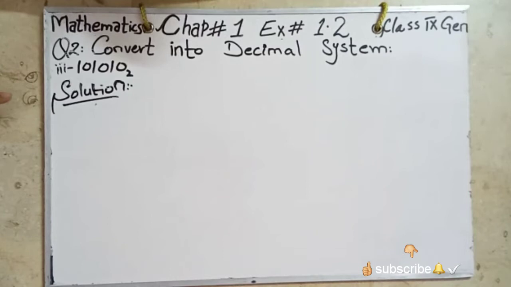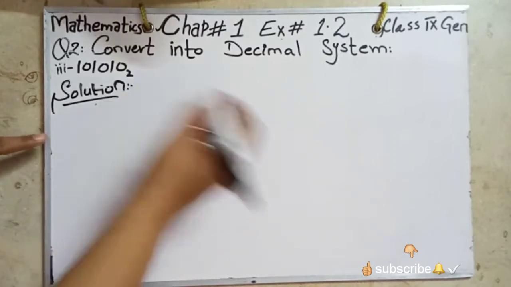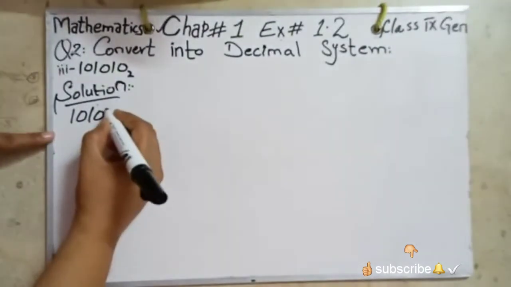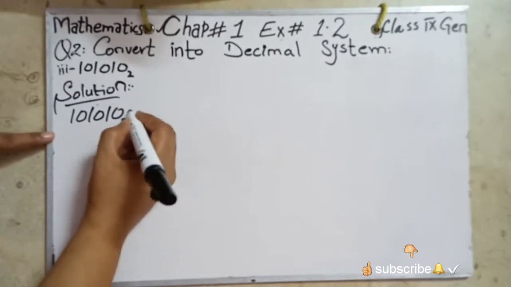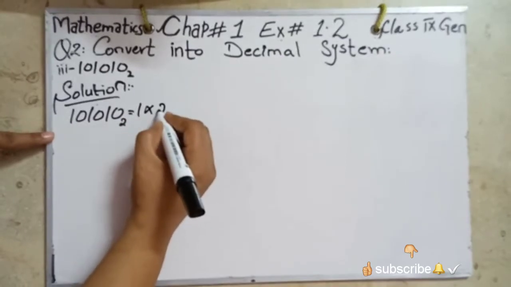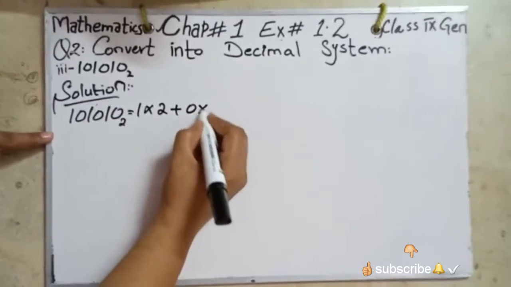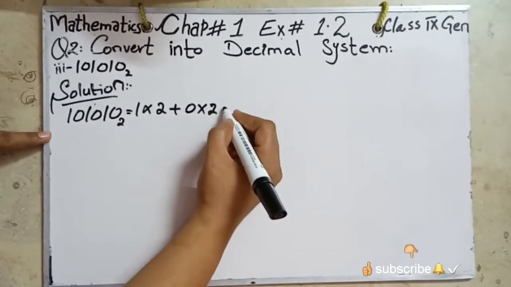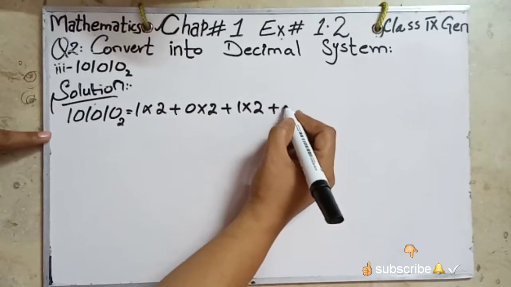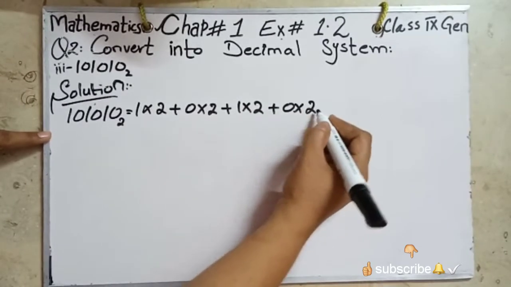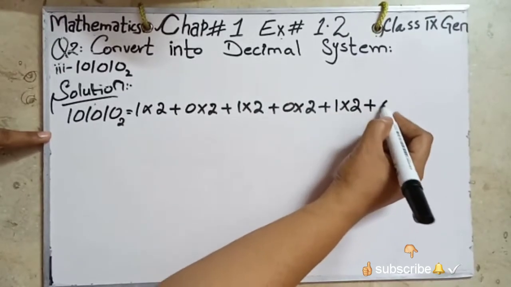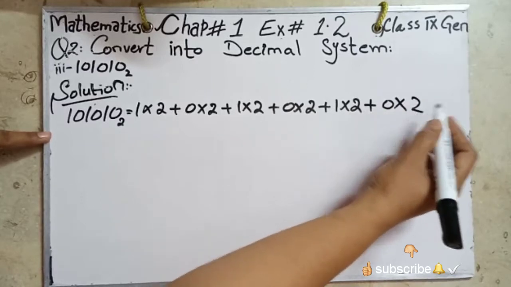Third part: 101010. Convert into decimal system. 101010 base 2 is equal to 1 multiplied by 2, plus 0 multiplied by 2, plus 1 multiplied by 2, plus 0 multiplied by 2, plus 1 multiplied by 2, plus 0 multiplied by 2.